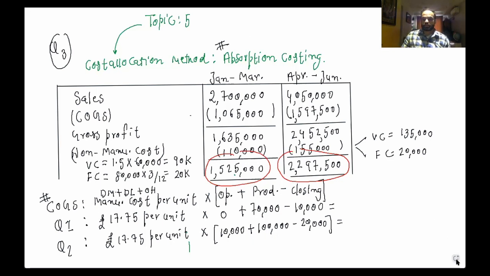So let's start with marginal costing. So another name of marginal costing is a variable costing.